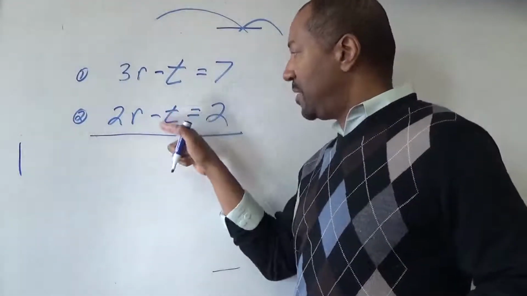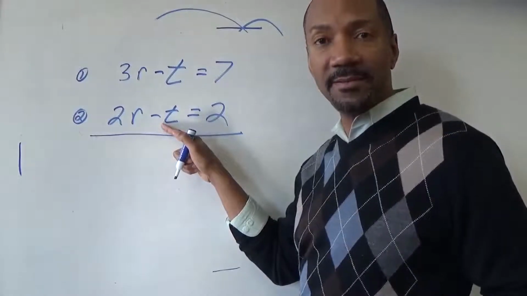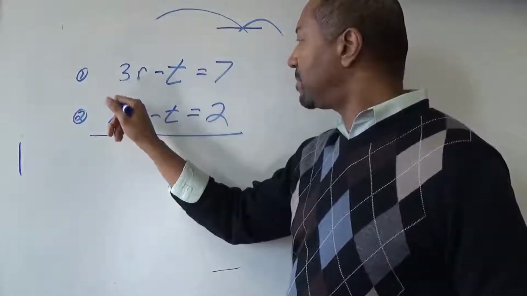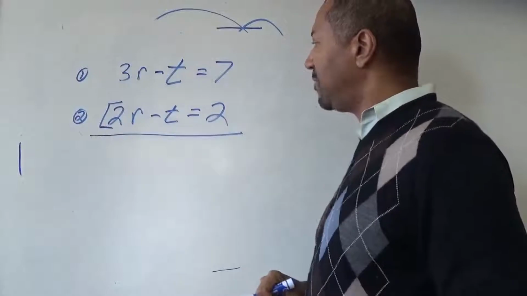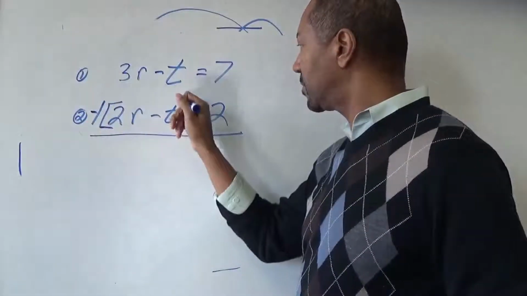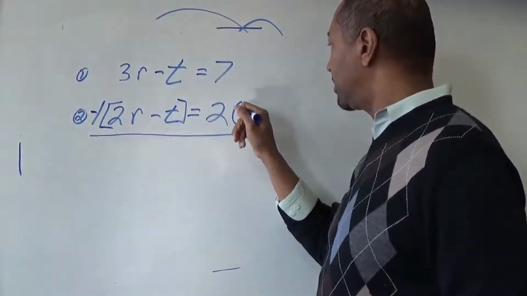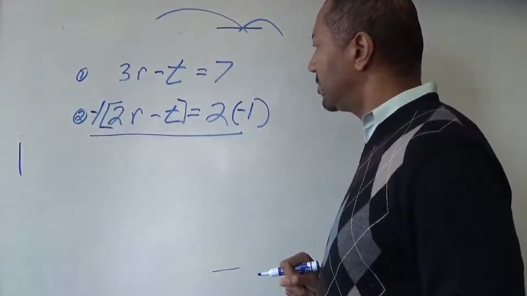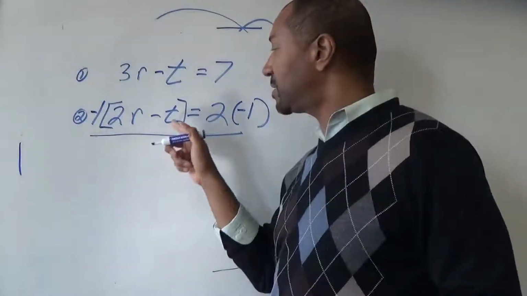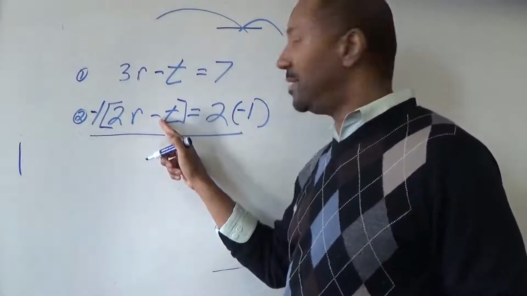So let's force this to become a positive 1t. How do I do that? By multiplying this entire left side of the equation by a negative 1. Also, let's do the other side by negative 1. I'm doing this just to force this to become the positive t that I need.